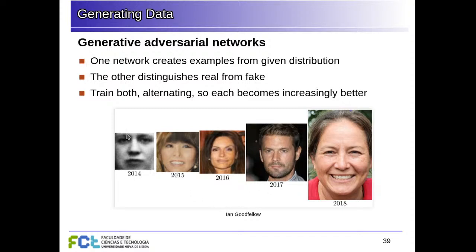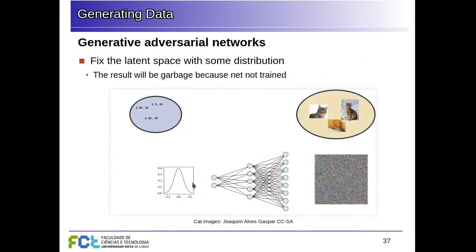So this is one example of the evolution of these kinds of networks from 2014 to 2018 in generating artificial images. These people don't actually exist. By using this method, we have a network that receives noise as input, random normally distributed values, and generates images from there.